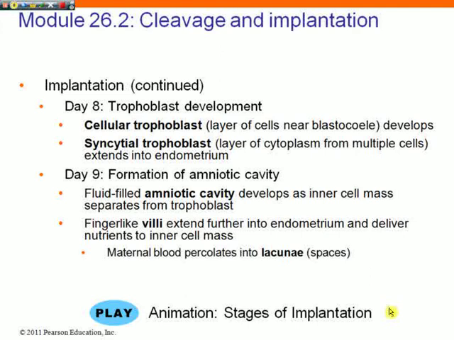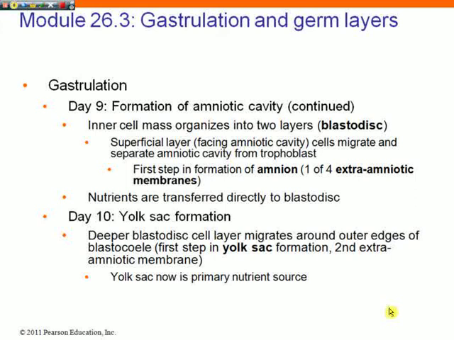An amniotic cavity develops as the inner cell mass separates from the trophoblast. Finger-like villi extensions go into the endometrium, and this is going to start to deliver nutrients to the inner cell mass. Starting with day 9, a process called gastrulation occurs, when the inner cell mass organizes into 2 layers called a blastodisc. There's a superficial layer and a deeper layer.